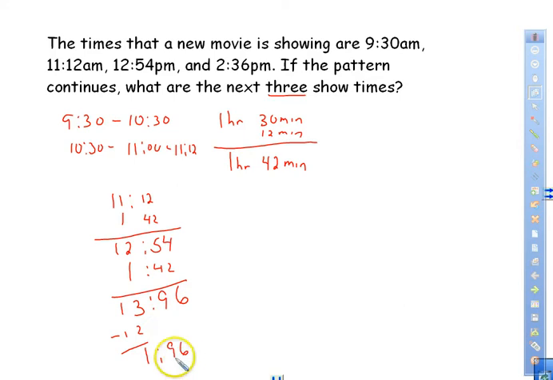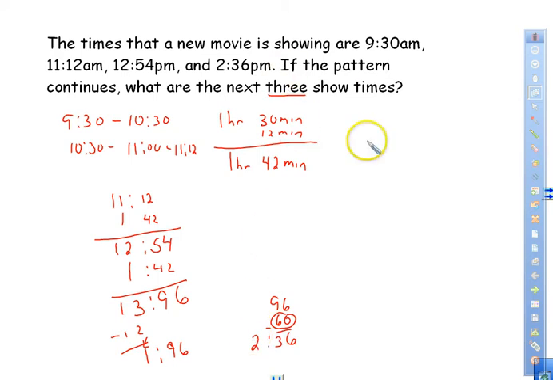We cannot have more than 60 minutes in 1 hour, so we subtract 60 minutes and add it on to our 1 hour, which gives 6 and 3. So 36 minutes, and the group of 60 minutes becomes 1 whole hour added to my 1. So 2 hours and 36 minutes, 2:36. It matches up.